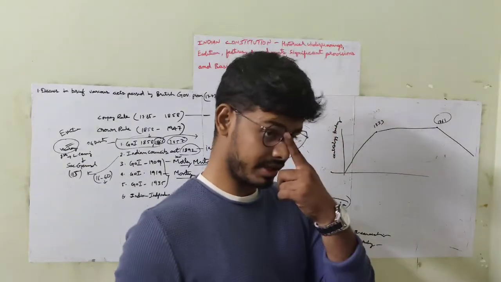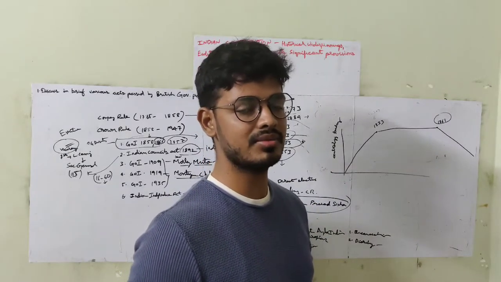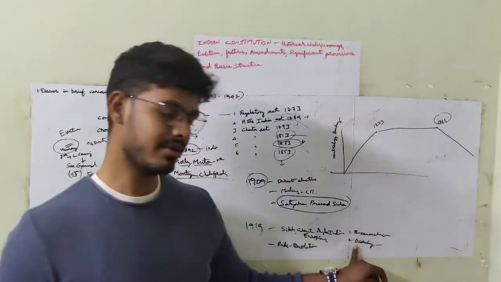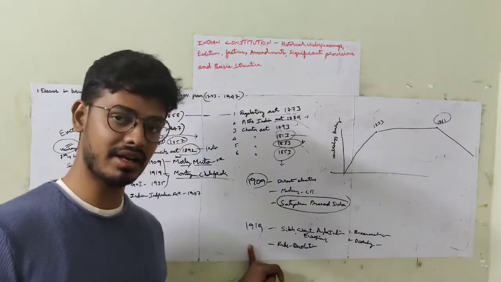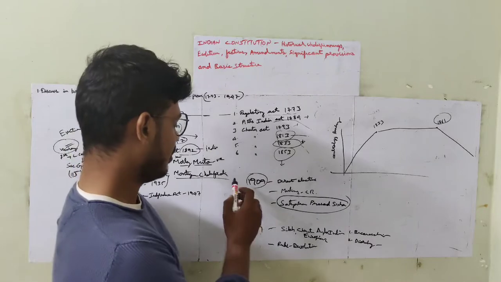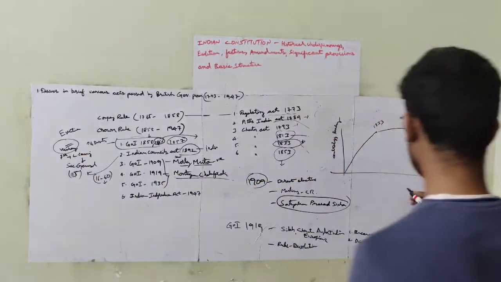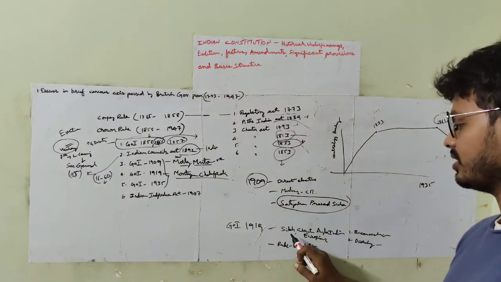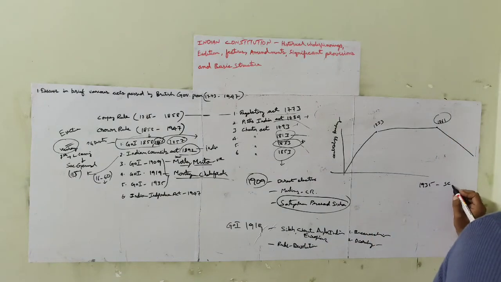Like police is a state subject, forests are both center and state subject, and railways is purely a central subject. Like that, the subjects were divided between center and state in the form of diarchy, and this diarchy was introduced in the 1919 Government of India Act. And in 1935 also we will discuss parallelly. I said no, here along with Muslims, Sikhs, Christians, Anglo-Indians and Europeans, along with this, SCs and women workers.